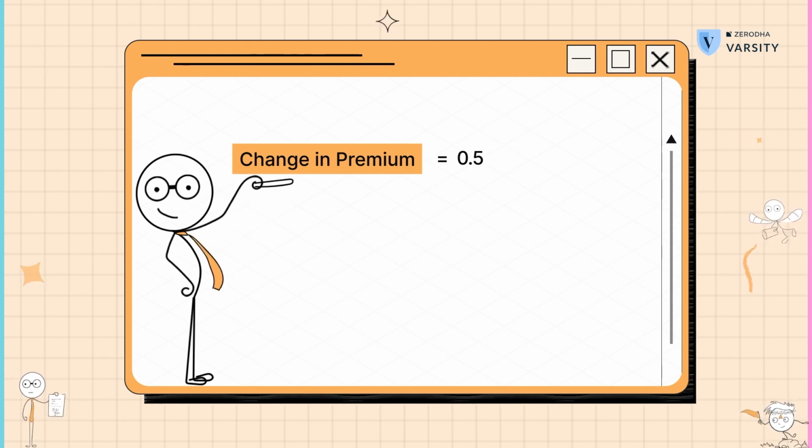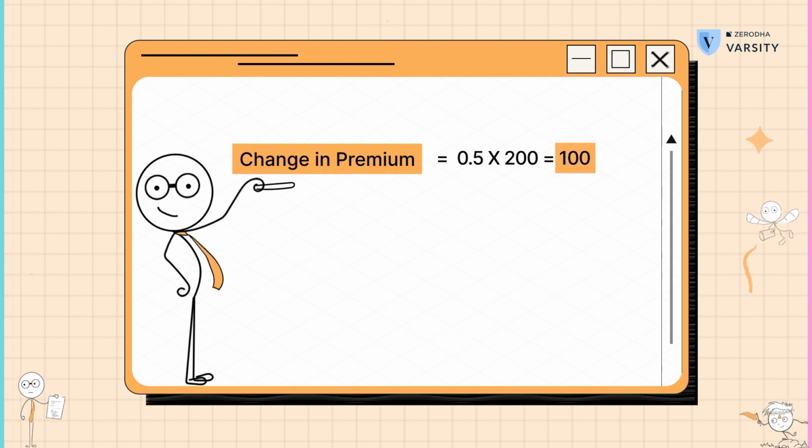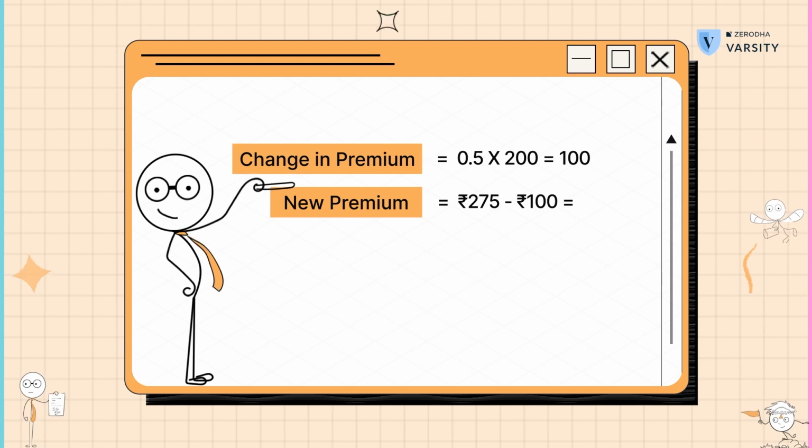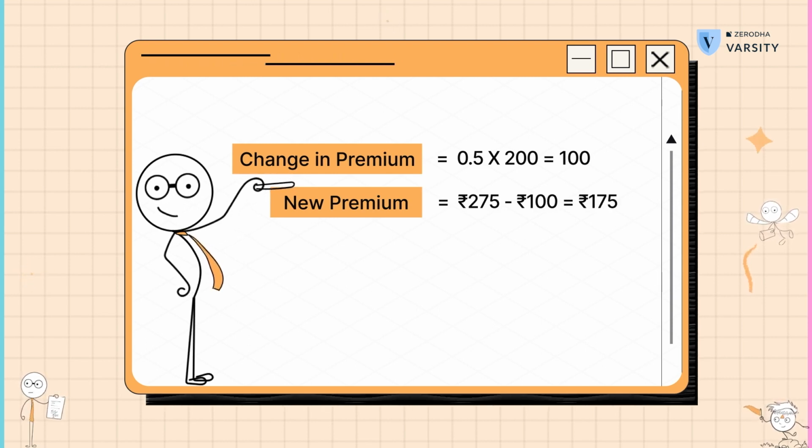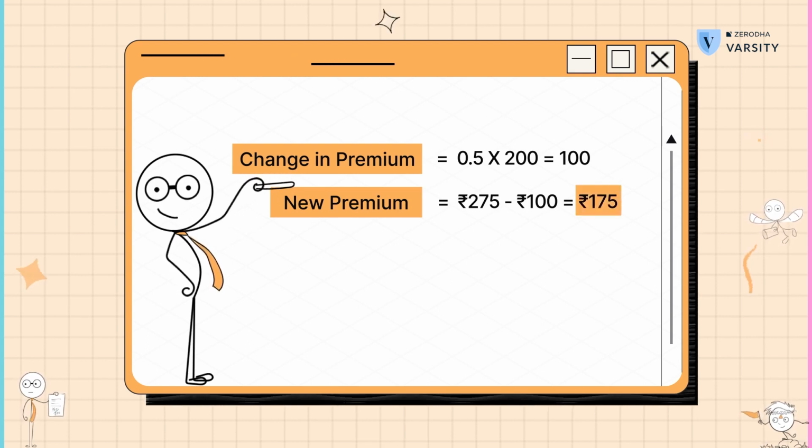We expect a total decline of 200 points, which means the premium is likely to change by 0.5 into 200, which is roughly about 100 points. The new premium will be the old premium minus the change in premium, that is 275 minus 100, which is 175.